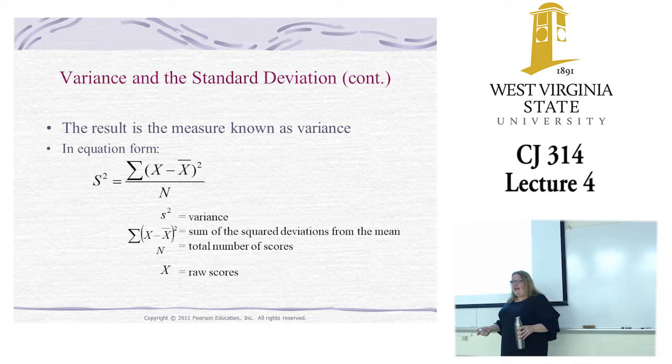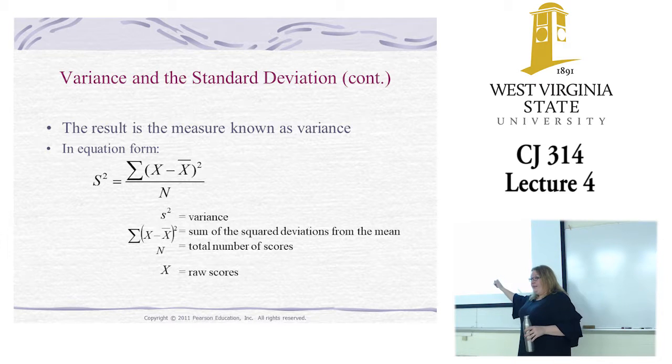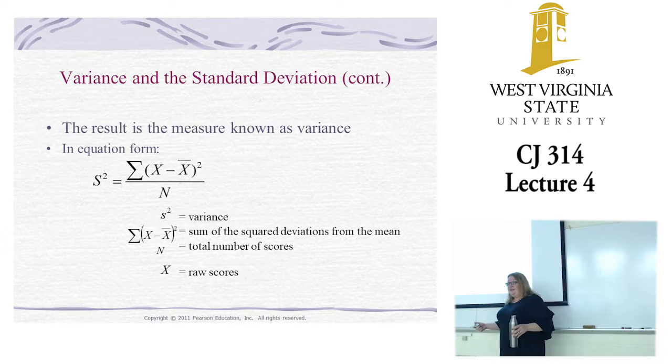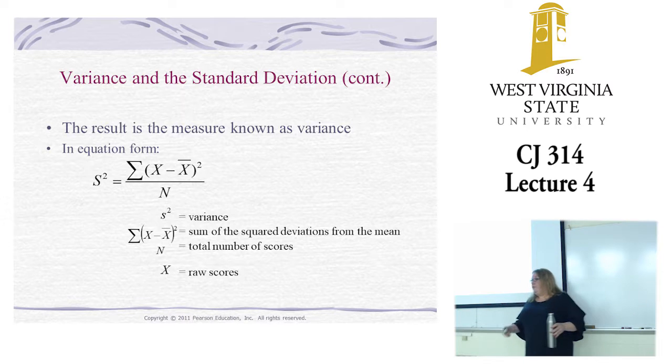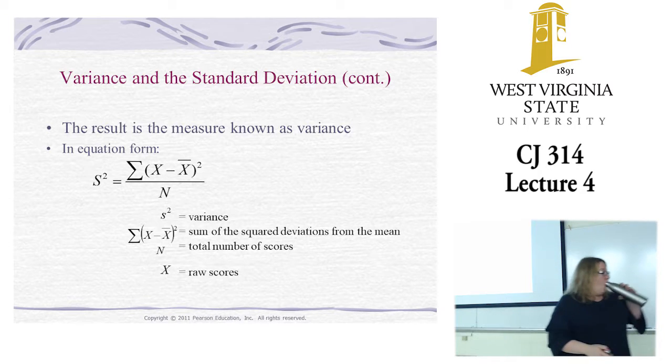Not bad when we have 3 or 4 numbers. Horrible when you have 1,000 or even 20. Yeah, that's why we're not going to do this one. So we take every single data point, subtract the mean, square the result, and then we divide by n, the number of people in our sample, the total number of people that we asked.